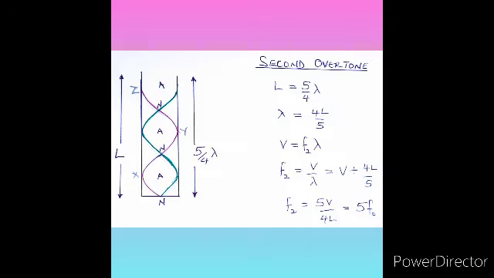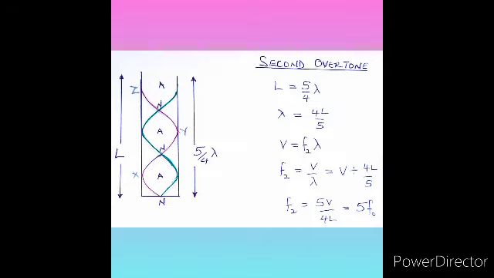So recall again the equation of wave, which is V equals F lambda. Now we are looking for the frequency of the second overtone, and that's why we have it as V equals F2 lambda. So if we make F2 the subject of formula, we have F2 equals V over lambda, which is V divided by 4L over 5.